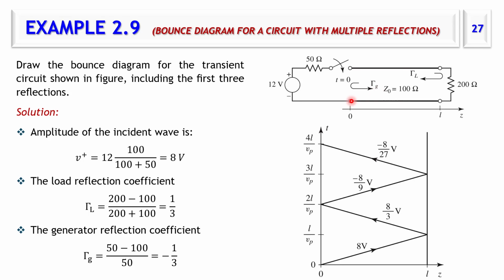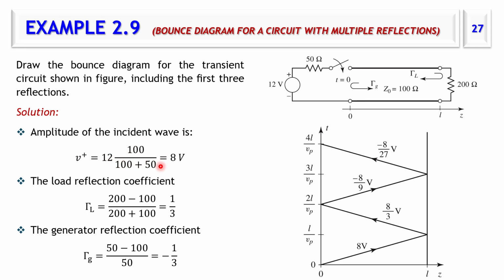Before time equals 0, the potential everywhere on the line equals 0. At time equals 0, we switch on the line. What does the line see at this point? 12 volt, the internal impedance is 50 ohm. It does see a 100 ohm load, so the potential will be 100 over 150.